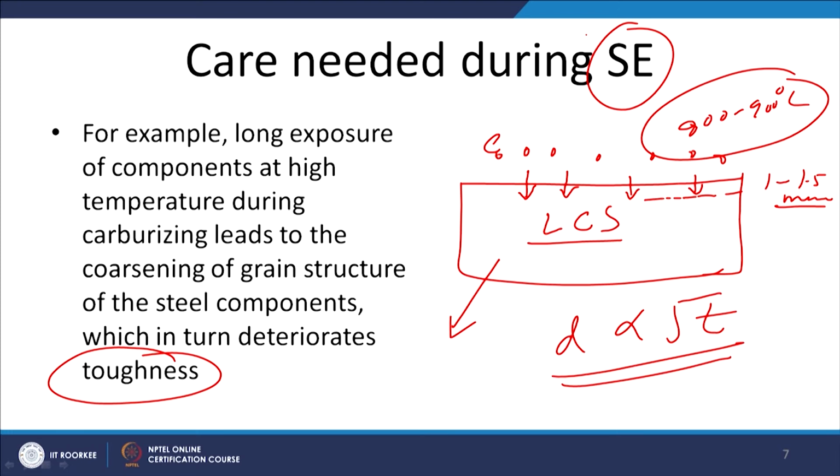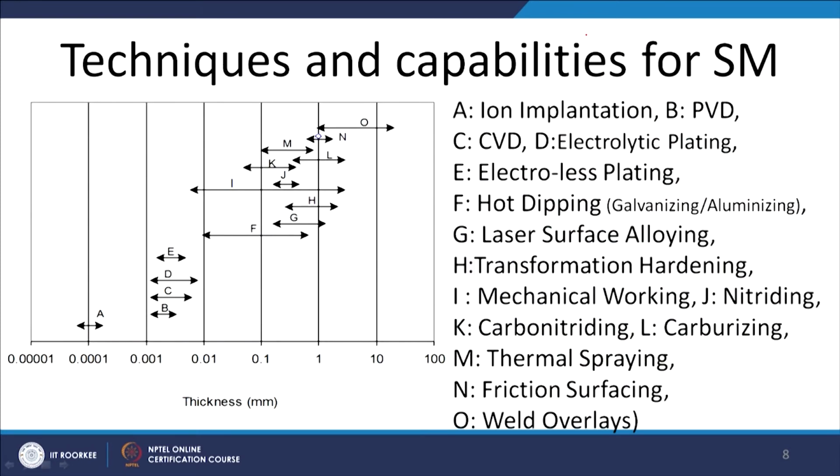There is a very wide range of surface modification techniques which are used to modify or improve the surface properties, and the depth which is modified during surface engineering varies significantly with the type of process.